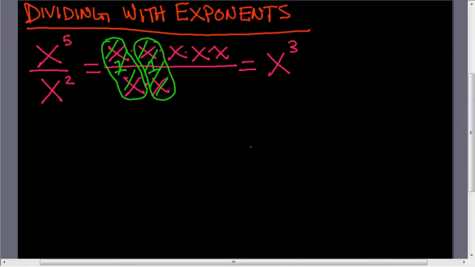I don't know. Let's try another one and see if we can figure out what the rule is. So what if I give you x over x to the power of 4? If I write this out, it's x over 4 x's.